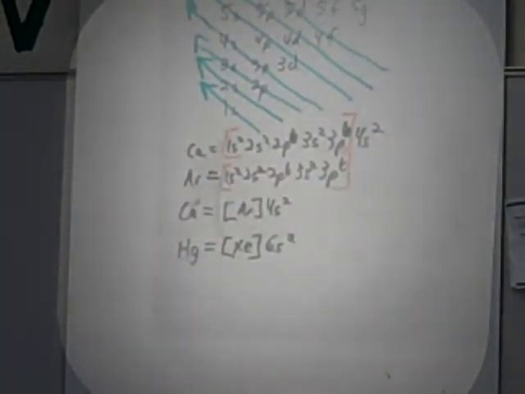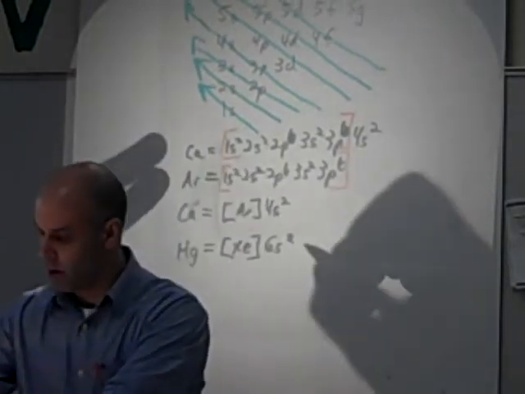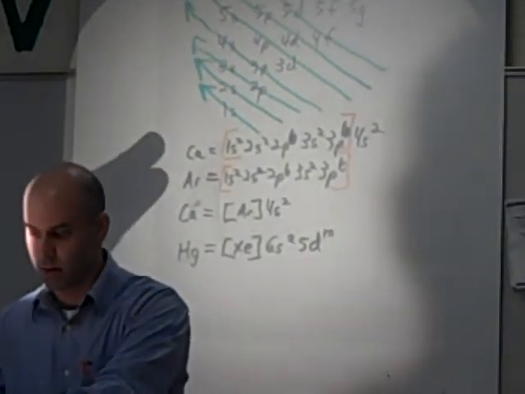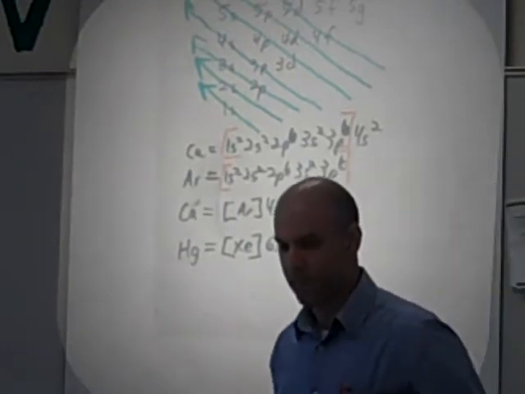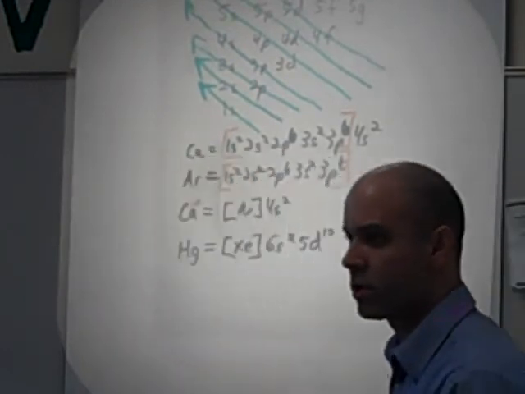So it's not 6D, it's 5D. So 5D1, 5D2, 5D3, 5D4, 5D5, 5D6, 5D7, 5D8, 5D9, 5D10. So mercury is xenon 6s2, 5D10. Any questions so far?